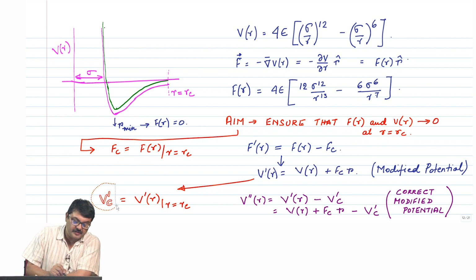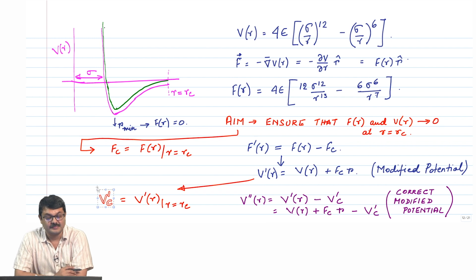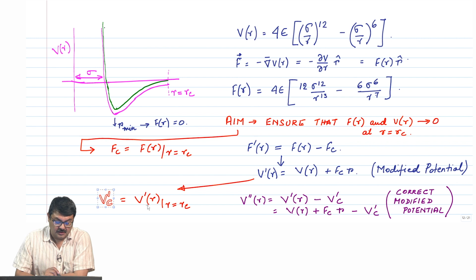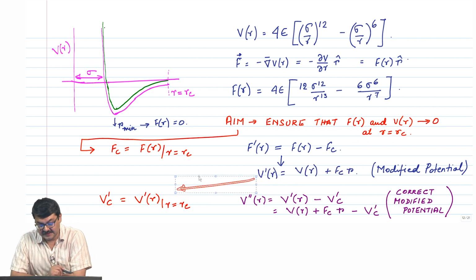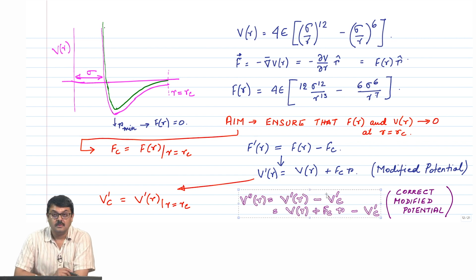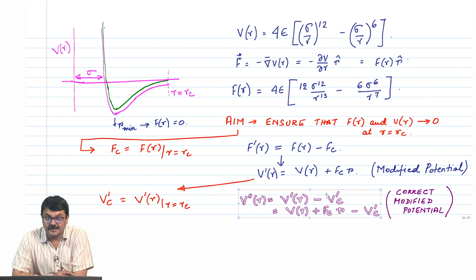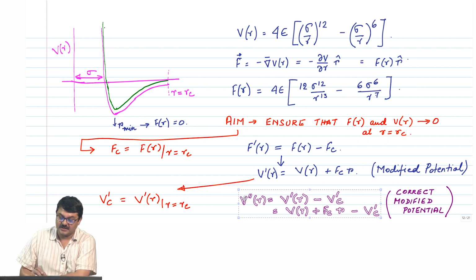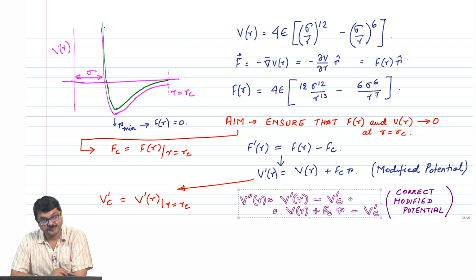You calculate v dash c, subscript c. What is it? It is nothing but the expression of v dash r, right, at r equal to r c, and you choose your new corrected modified potential to be v double dash r, which is v dash r minus v dash c.